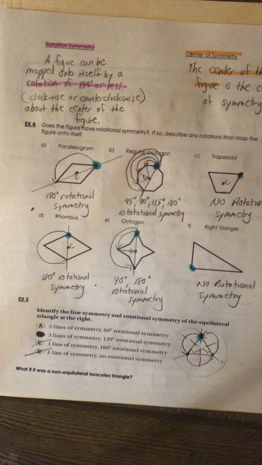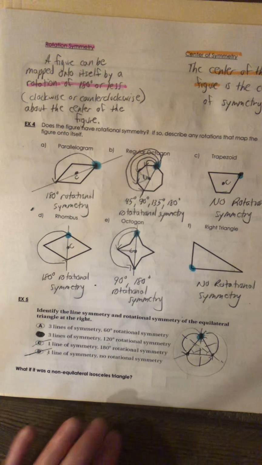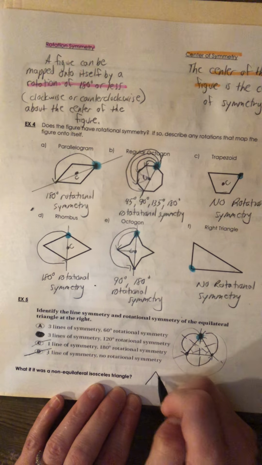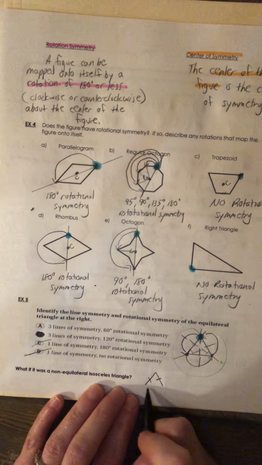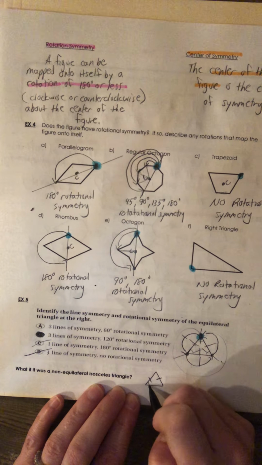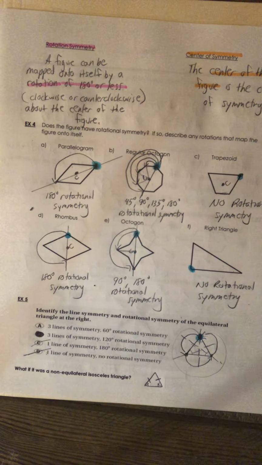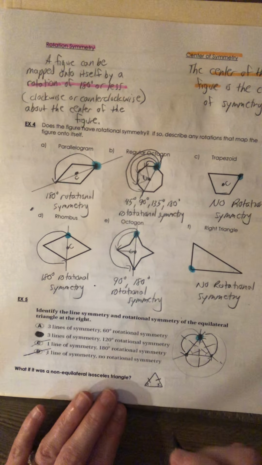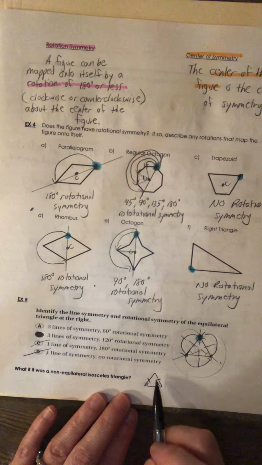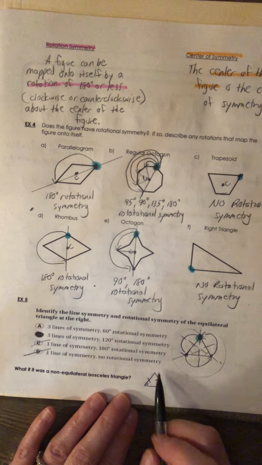Now the last question they're asking is, what if it was a non-equilateral isosceles triangle? Well, let's think about this. If it's non-equilateral isosceles, I know these two are congruent, and those two are congruent, but that's it. What would I have? Well, I can't rotate my angles because this angle cannot lie on top of another angle.